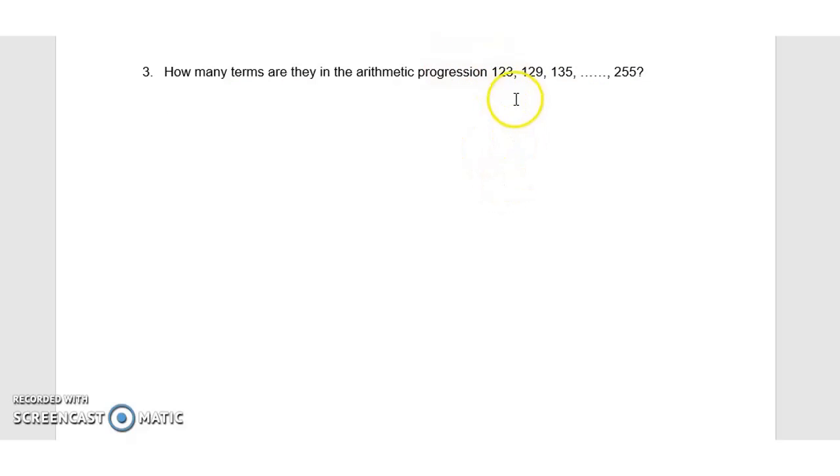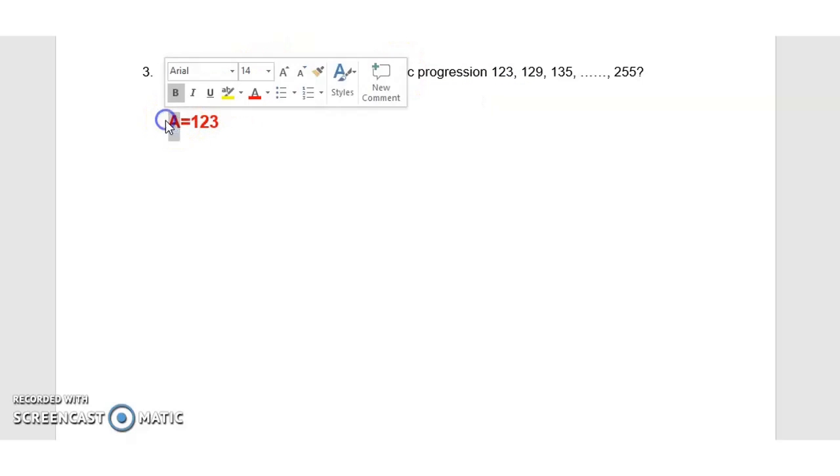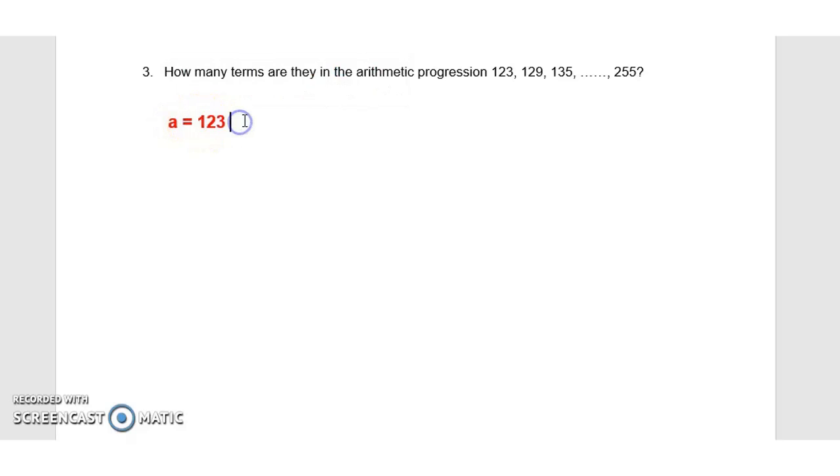So we know that 123 is the first term. So A equal to 123, and then the common difference D equal to 129 minus 123. So 129 minus 123 equal to 6.